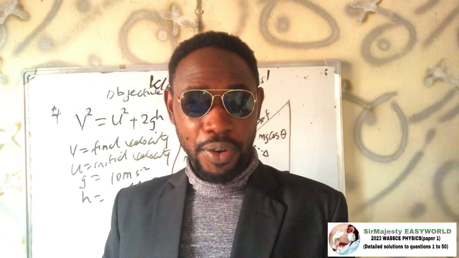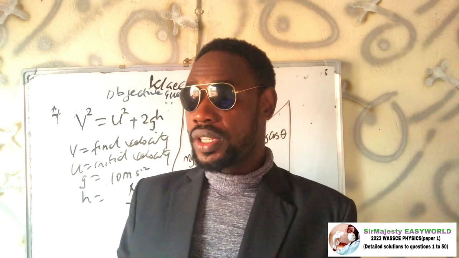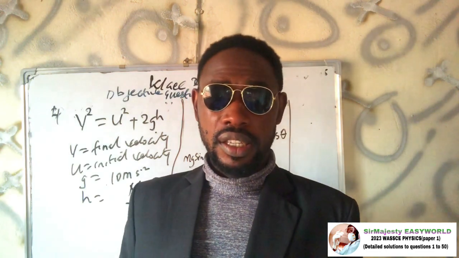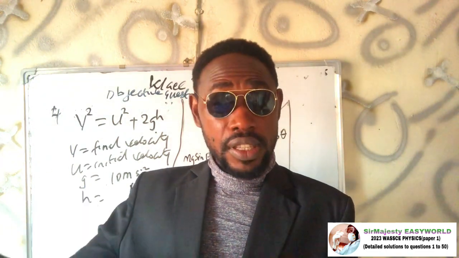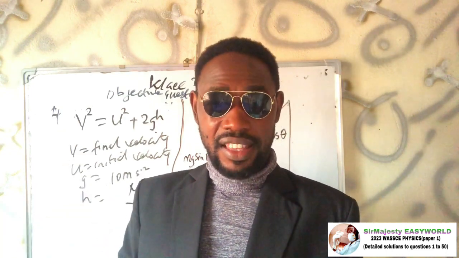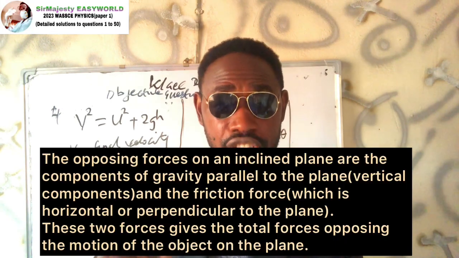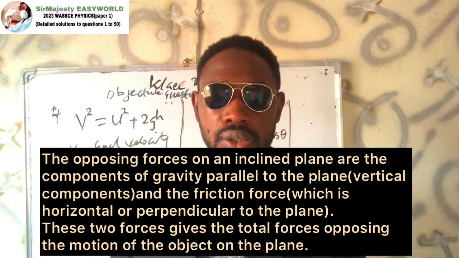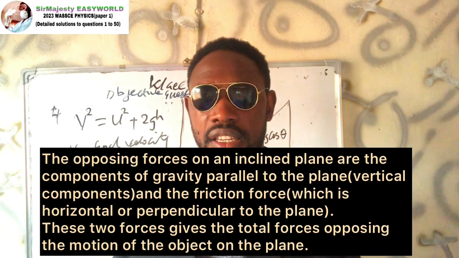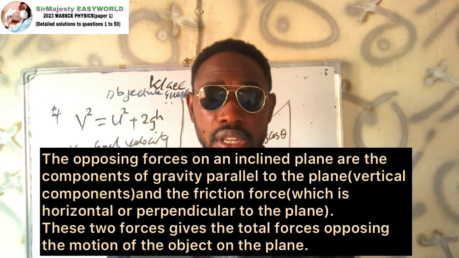Total force opposing the motion is actually the component of gravity that is parallel to the inclined plane, and then the frictional force, which is perpendicular to the inclined plane. These two forces sum up to be the total opposing force.